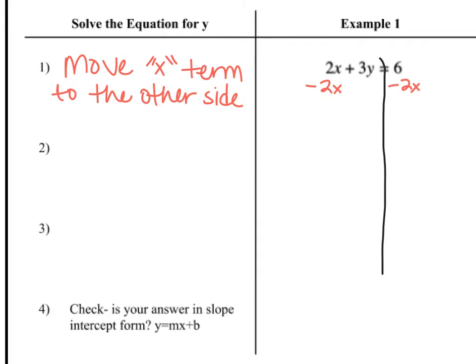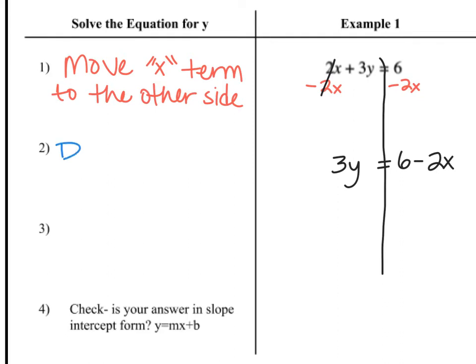If you do that, your new equation is going to be, since these are gone, 3y equals 6 minus 2x. Step 2, now that you have the 2x to the other side, remember we're trying to move everything over, we got to get rid of this 3 because I want y alone.